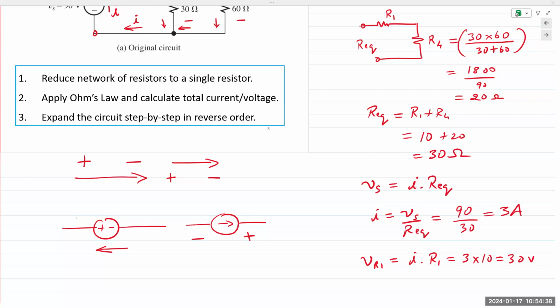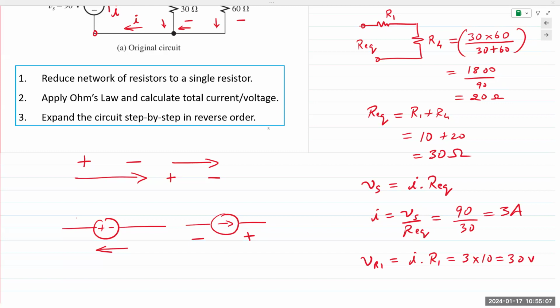So here's the distinction. If a question asks you to use the analysis technique of series parallel equivalence, it's a larger method. The points for those methods will be assessed based on whether the student can actually take a large network of resistances and reduce it down to a single resistance. You find the voltage and current first, and then you expand it back up.